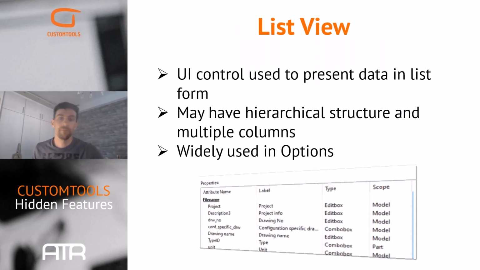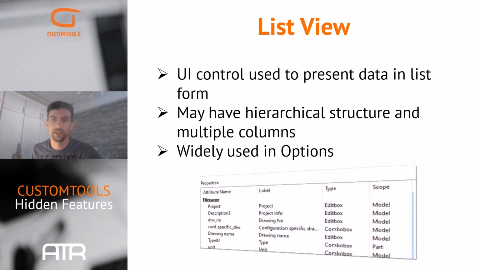In our product, we have a user interface control that plays a significant role in various aspects. The list view. This control is extensively utilized to present data in a list format, often with a hierarchical structure and multiple columns. Not only is it commonly employed within options, but it also holds a key role in numerous other areas.